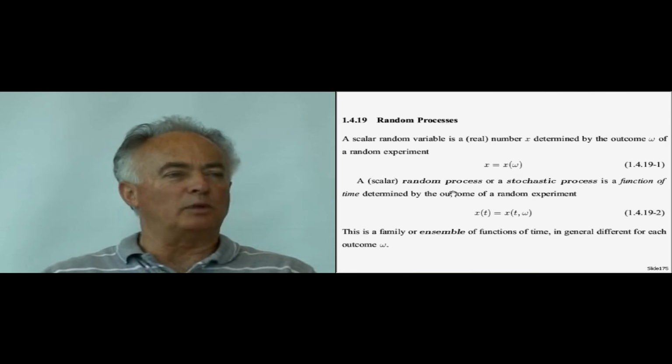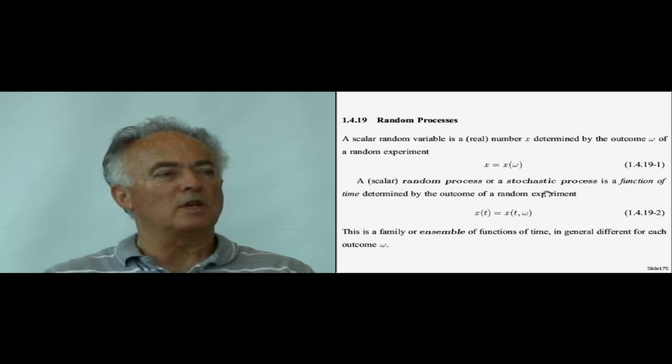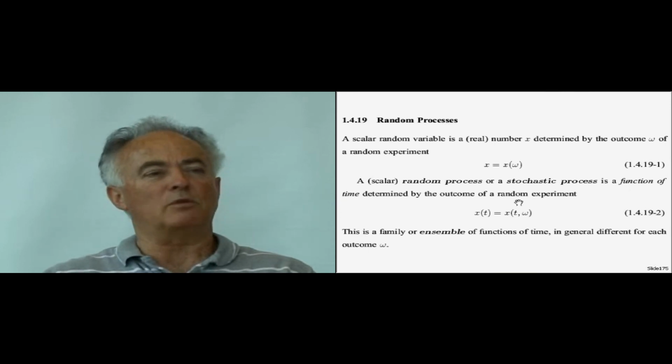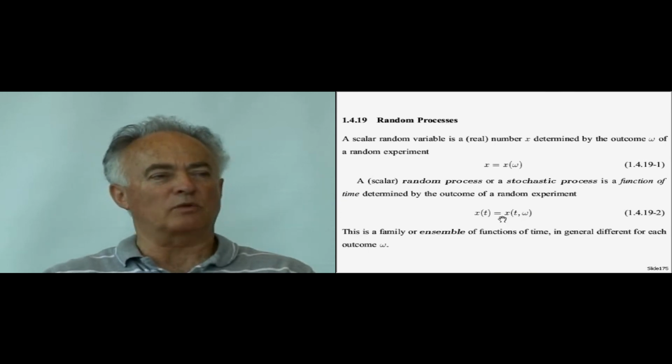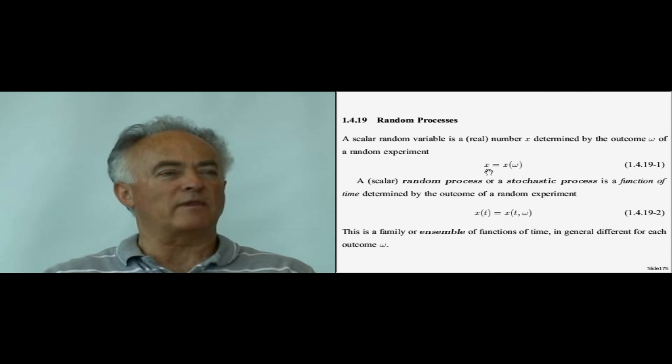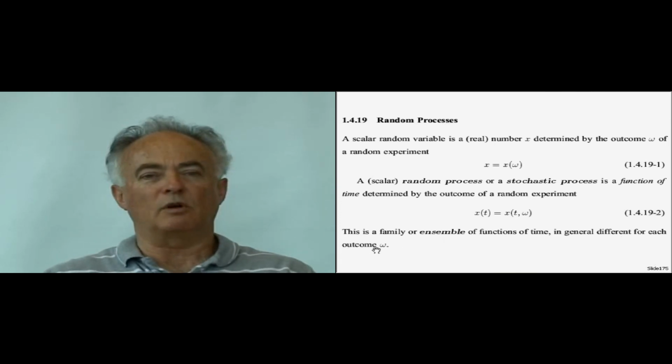Now, a random process or a stochastic process is a function of time determined by the outcome of a random experiment. Now we have x of t is x of t and omega, as opposed to just a value, x of omega. So what we have is a family or an ensemble of functions of time, which in general would be different for each outcome omega.